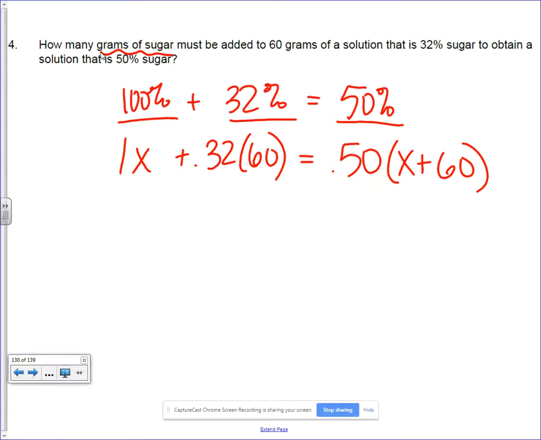All right, you pause it, you solve it. Let's see how you do here. I am getting 21.6. Okay. All right, let's do one more here.